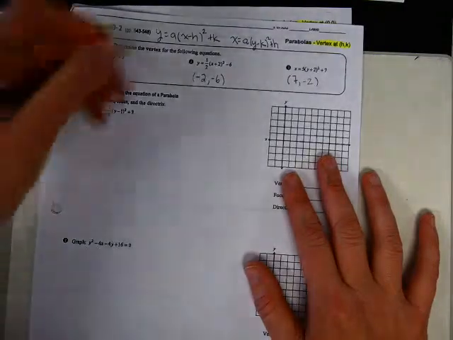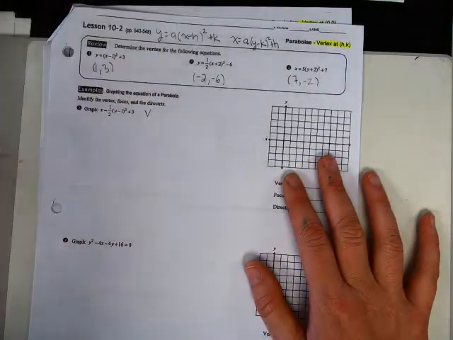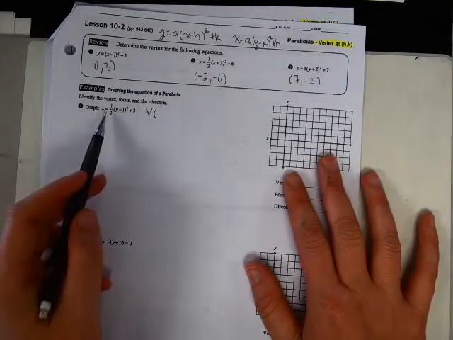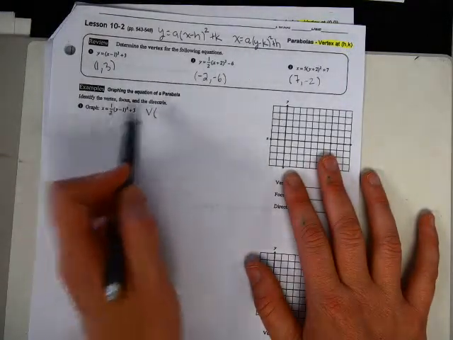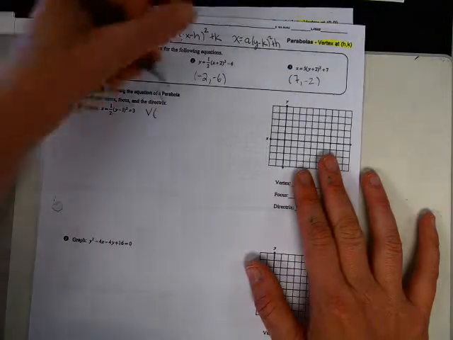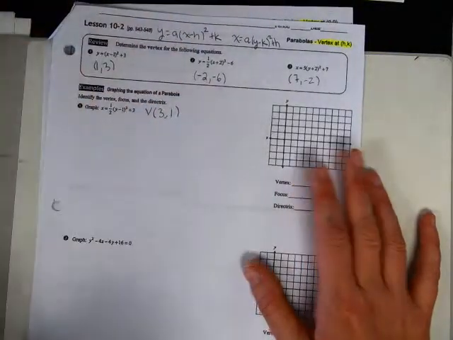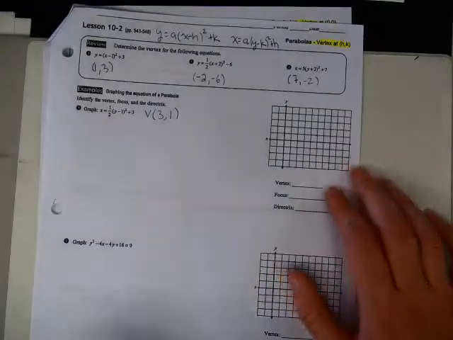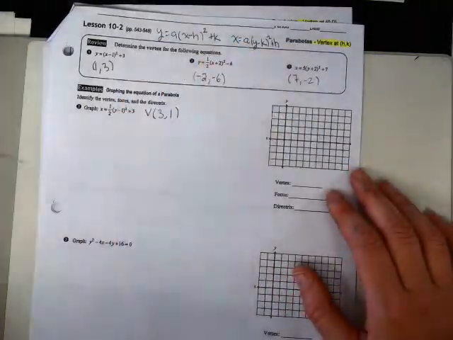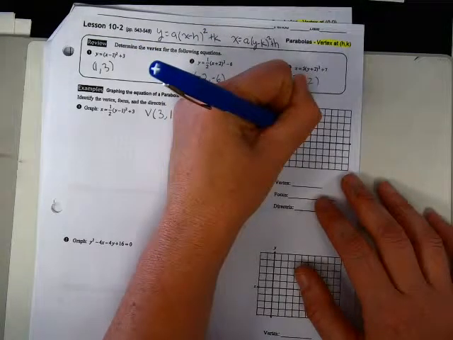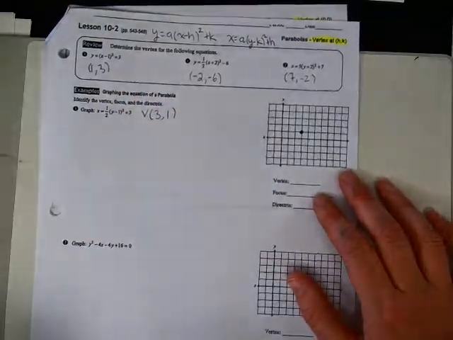I'll start with my vertex, which I'll just label as V. My vertex is going to be 3, 1. So I'll just plot that: 1, 2, 3. Okay, my vertex.